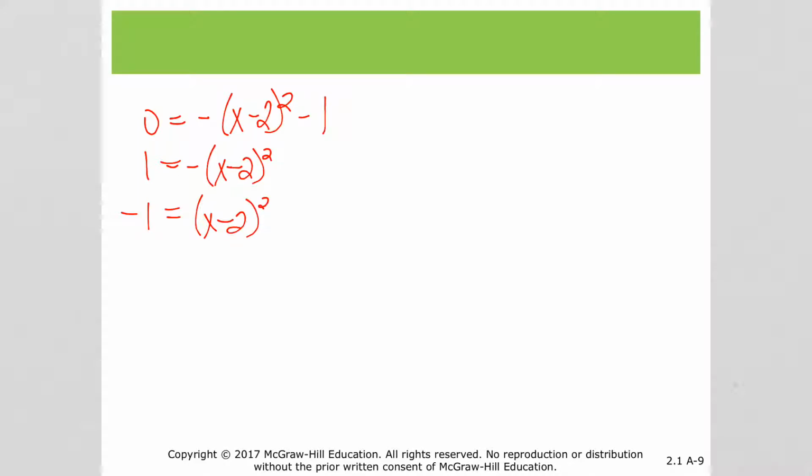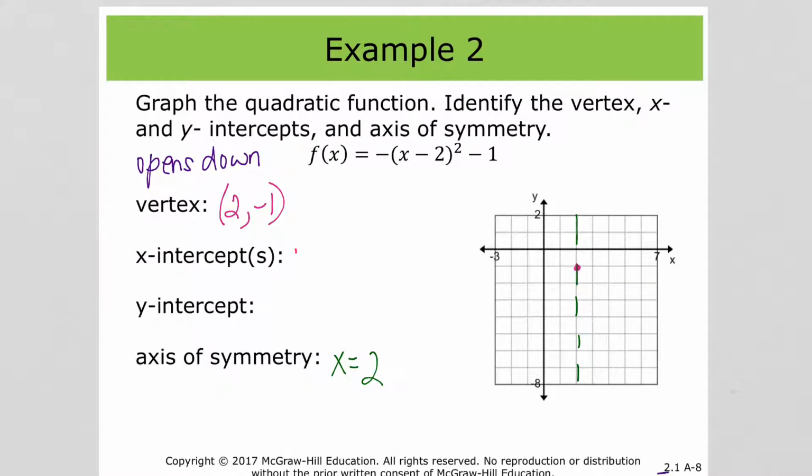Take the square root of both sides, which we can't do because we cannot take the square root of negative 1. So that means that there are no real x-intercepts. There might be imaginary ones, but we're not going to mess with that.